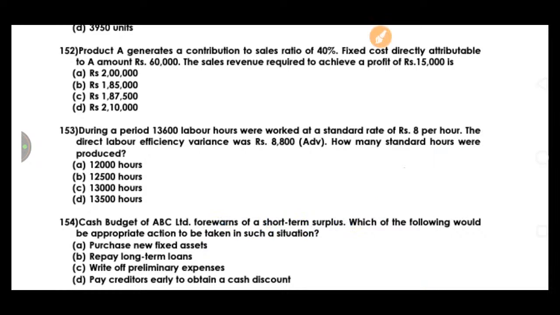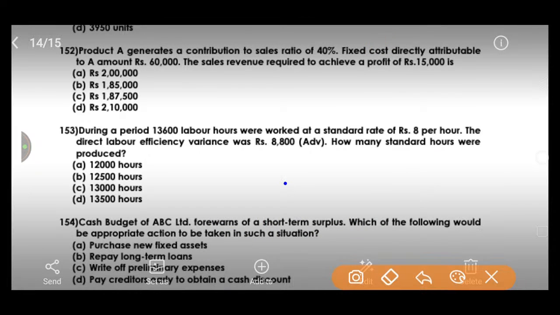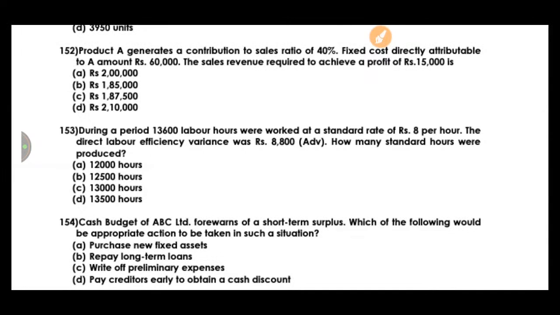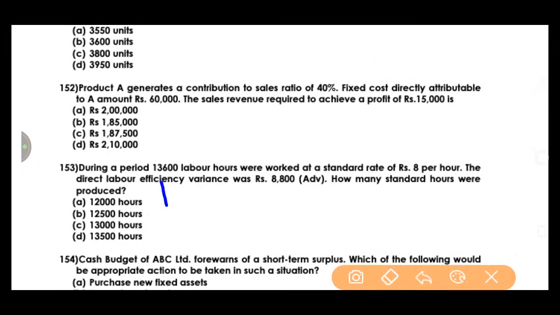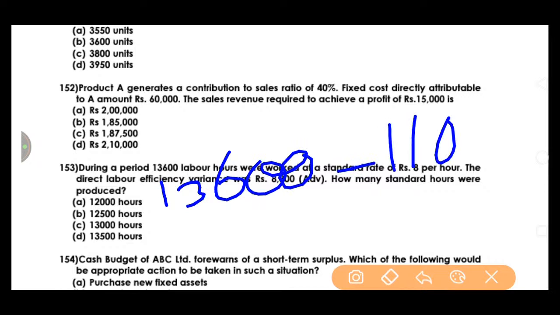So subtracted, during the period labor hours minus standard hours. So 13,600 minus 1,100, how much? That is equal to 12,500. B is the right answer.